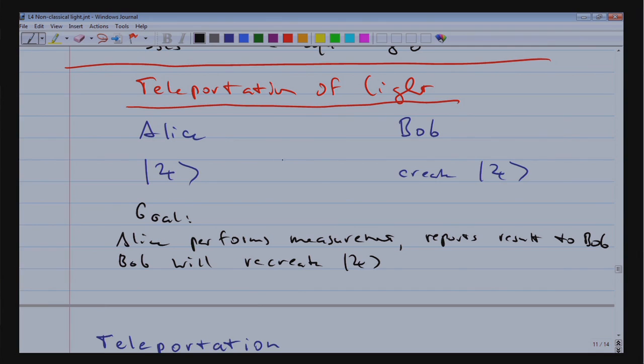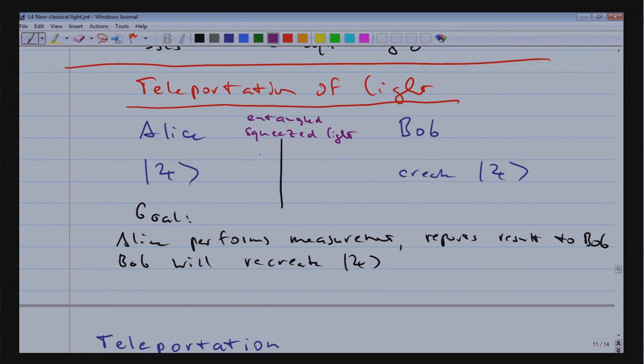And the resource which is now used to realize quantum teleportation is that you take some entangled system, or, and this is why I talk about it today, squeezed light, which also does the same thing. It's a form of entanglement.